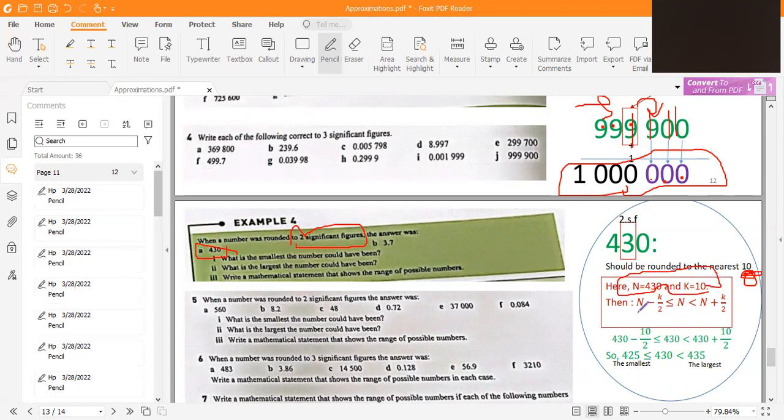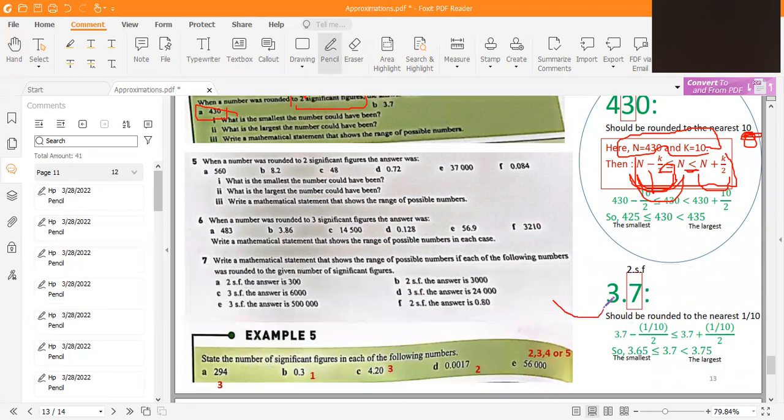So we have a general rule: the smallest number it could have been is n minus k over 2, and the largest is strictly smaller than n plus k over 2. K is 10, over 2 is 5, so we subtract 5 here, or add 5 here. So the smallest one is 425 and the largest is smaller than 435.